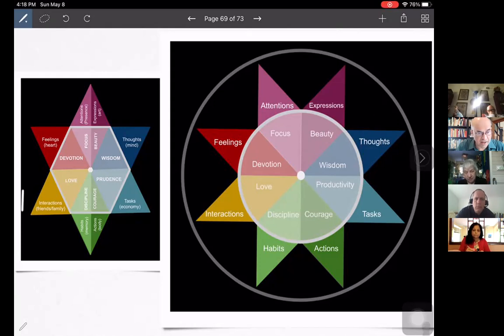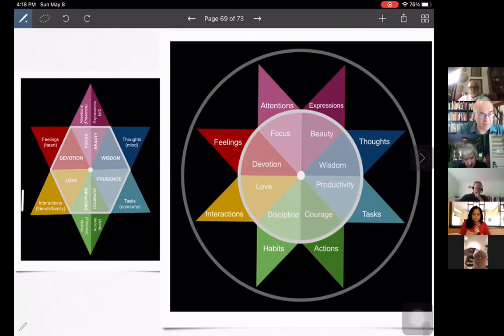What do you guys think about moving from this diagram at the left to this diagram on the right? Go ahead and type an exclamation mark or raise your hand in Zoom. Go ahead, Brian and or Penny.